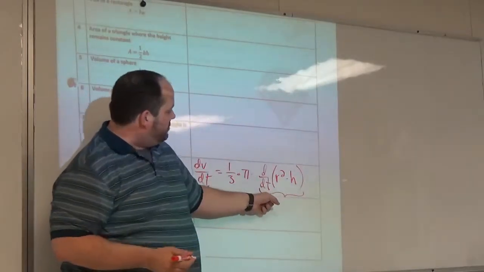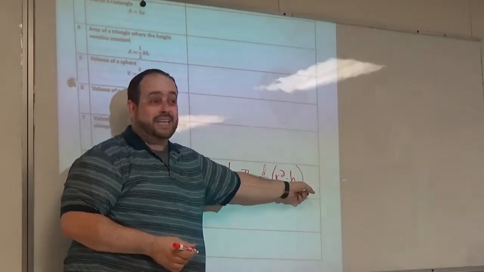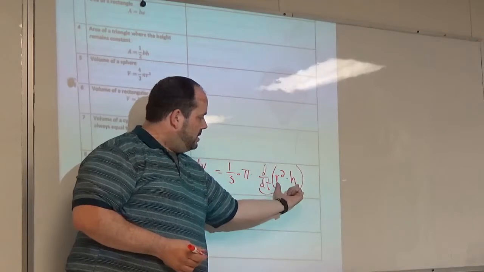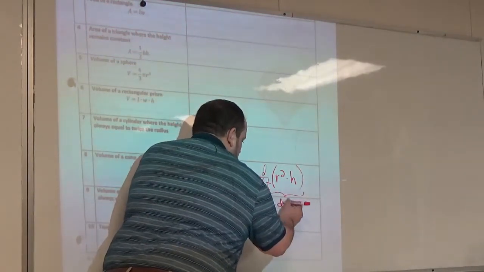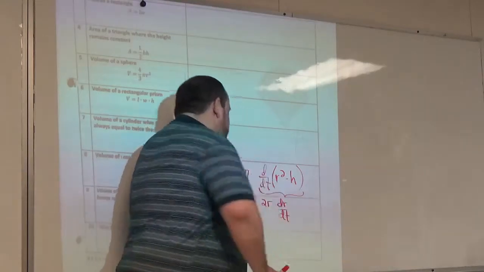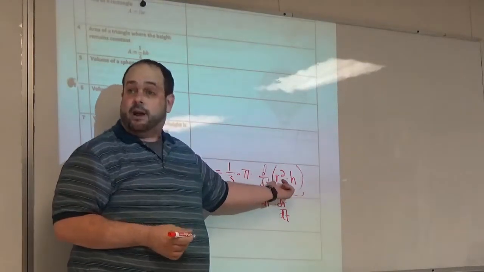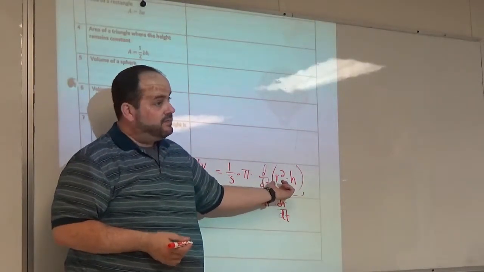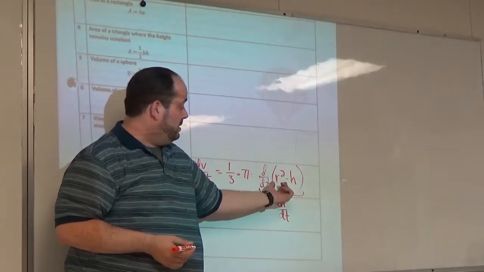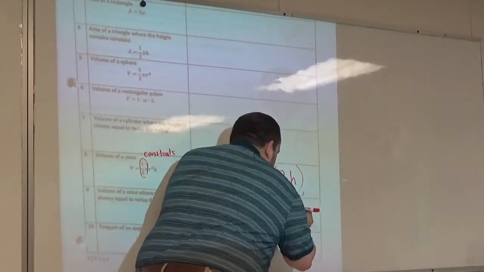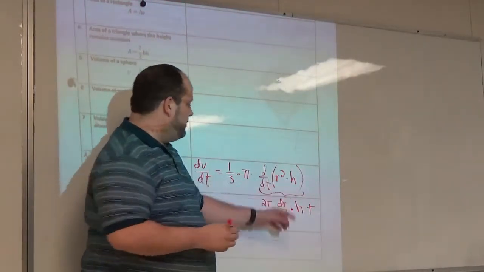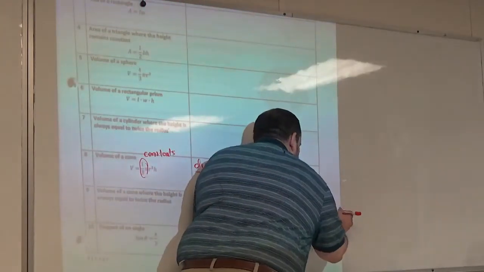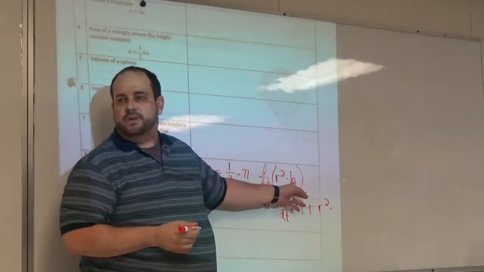The derivative with respect to t of r squared times h. So this is 2r times dr over dt, because I'm doing the product rule. The product rule says take the derivative of the first and then times the second, plus the first, r squared, times the derivative of the second.